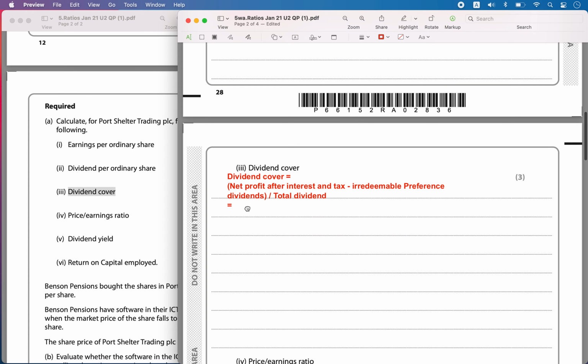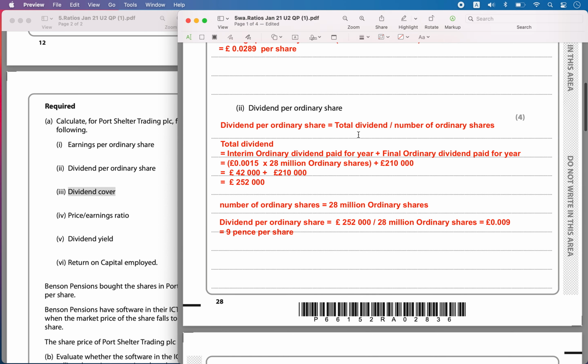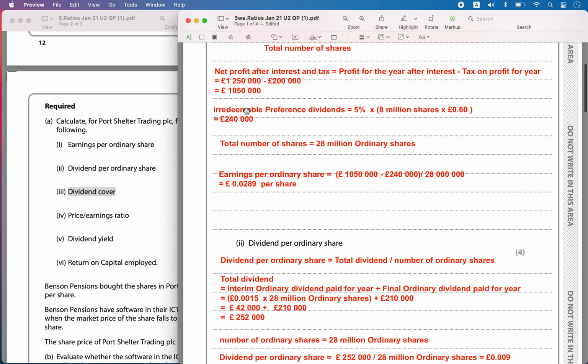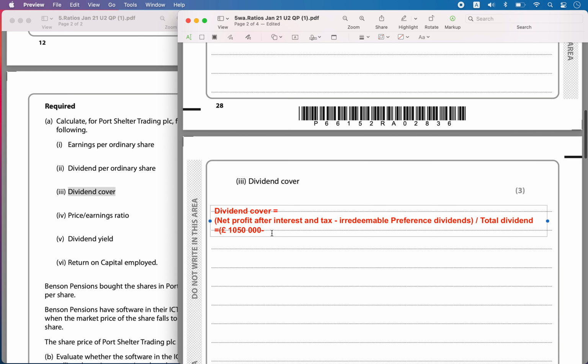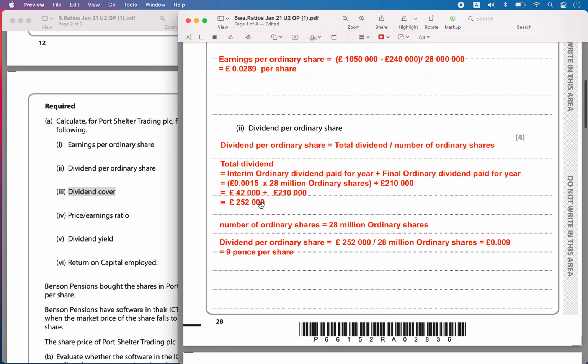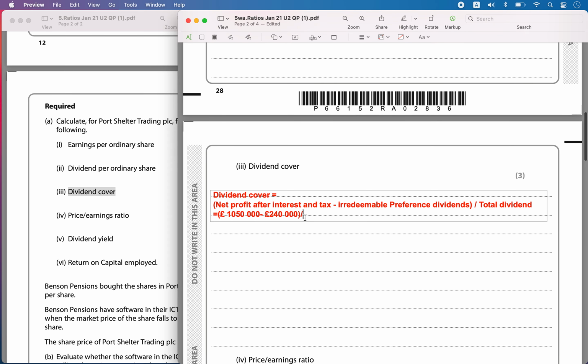So it is 1,050,000 pounds minus the irredeemable preference dividend that was paid, 240,000, divided by the total dividend paid, which was 252,000 pounds.